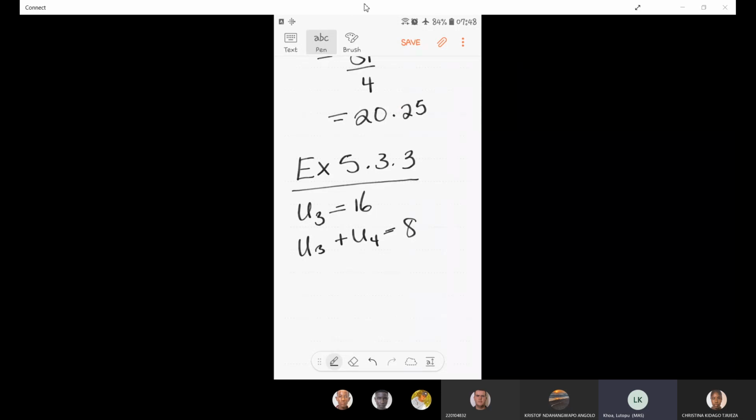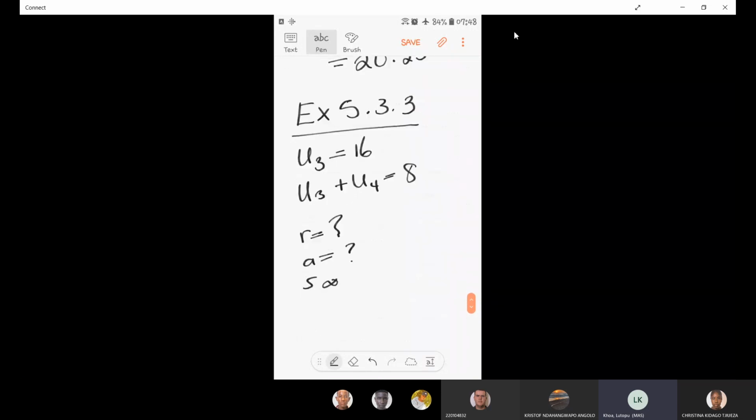Okay, so that one, again, not too difficult. I wrote down what I'm given. I'm told that the third term is 16. The sum of the third and the fourth is 8. Then I'm asked to work out the common ratio, the first term, and then the sum to infinity if it exists.